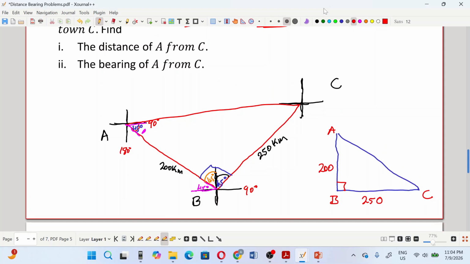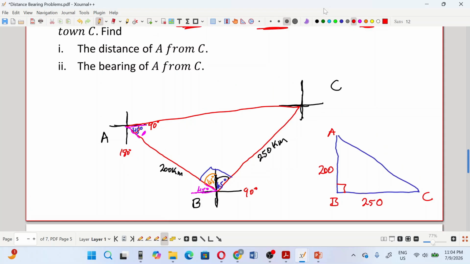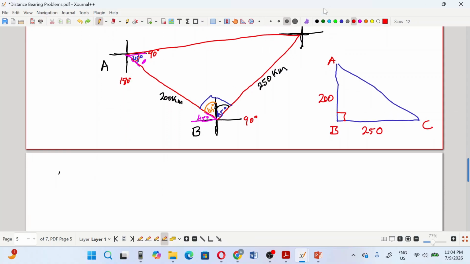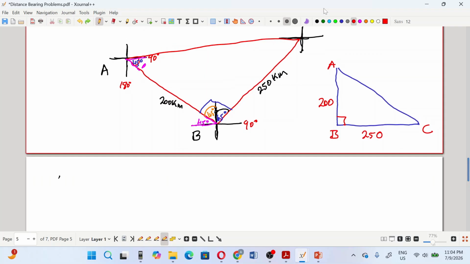Then, since we have been able to establish this, we can go ahead and look at our I. I says the distance of A from C. It's telling us the distance here, this particular distance. That's why it's telling you to look for how long it is, right? If we're able to do that, then we have to use the idea of the Pythagoras theorem. That's the hypotenuse, right?